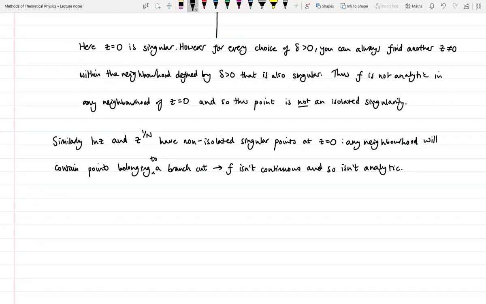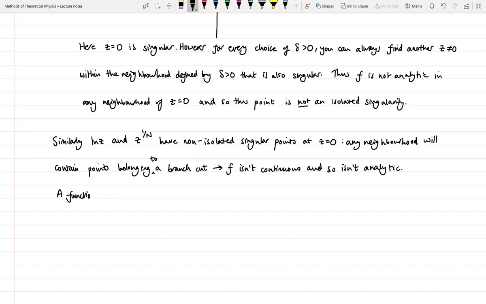Okay, so we've just seen examples of a function with an isolated singularity, and then examples of singularities that are not isolated. There was the 1 over the sine of pi over z, and then these multi-valued functions that have branch cuts. A bit of terminology here.